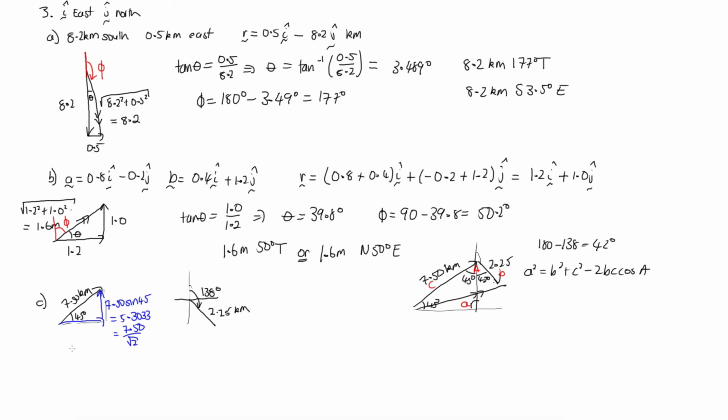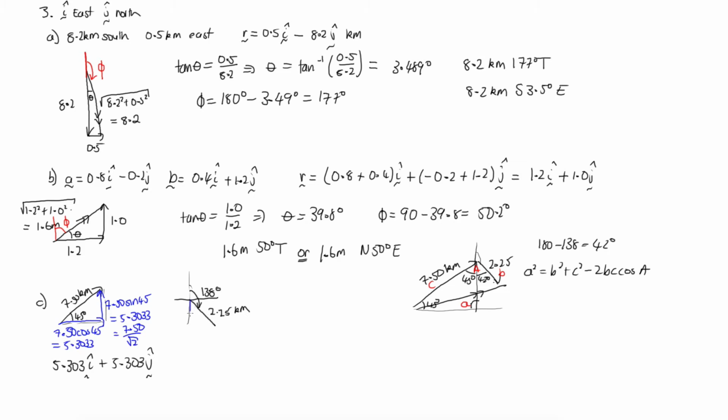And this side, because it's adjacent to this angle here, is equal to 7.50 cos 45, which is also equal to 5.3033, or 7.5 on root 2. Sorry, that's very messy writing. So we can write this first vector as 5.303i, that's this one, plus 5.303j, that's that one.